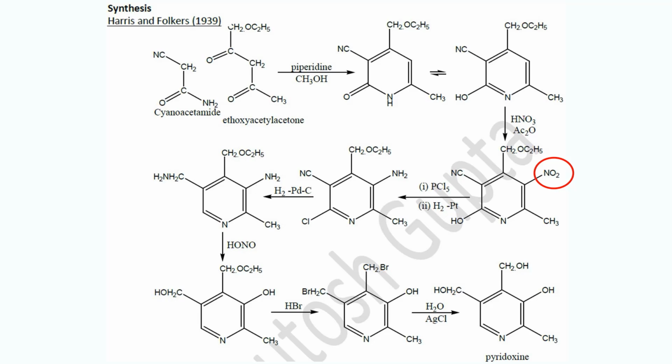This is then reacted with phosphorus pentachloride, in which OH gets replaced by Cl. Also, in the next step, hydrogenation takes place, and NO2 gets reduced to NH2.